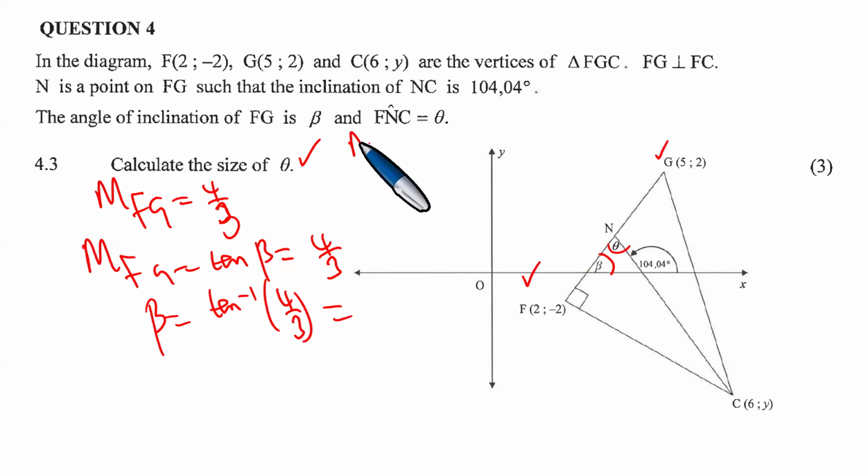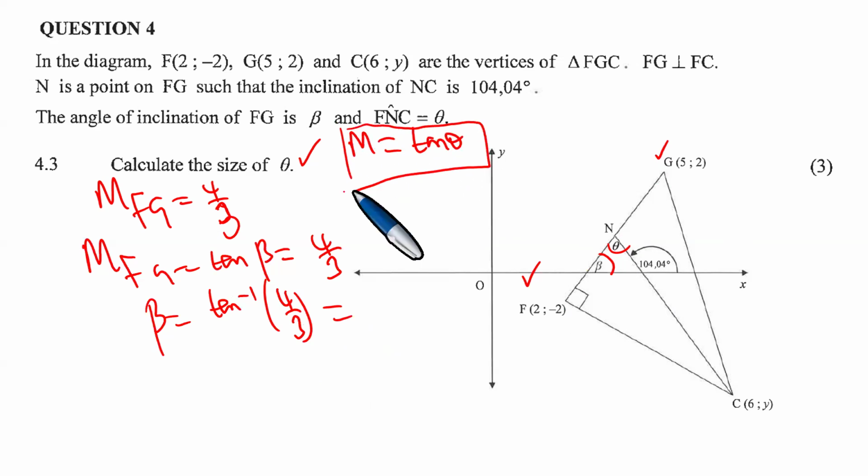Okay, we use the formula gradient is the tangent of theta. Students, learn this one. If they ask you to find the angle of inclination in analytical geometry, you use m equals tan theta. That is the formula. You get marks for that. We already know the gradient of the line FG is 4/3. Here is F and here is G, and the angle of inclination is beta.